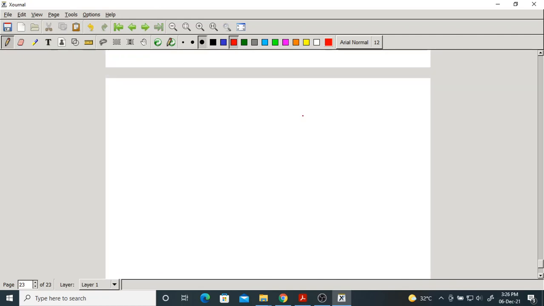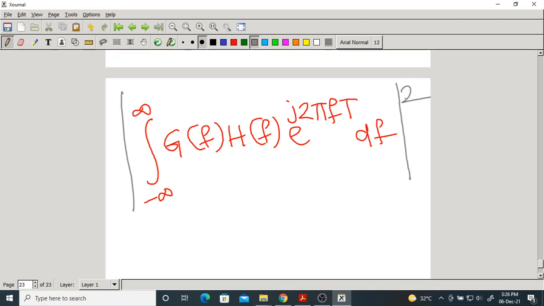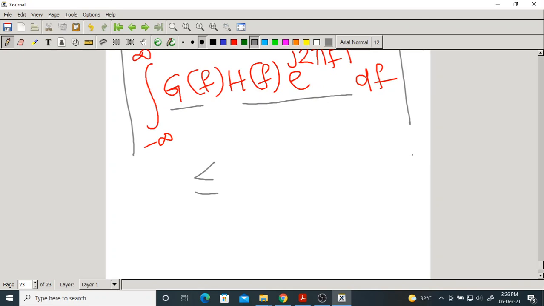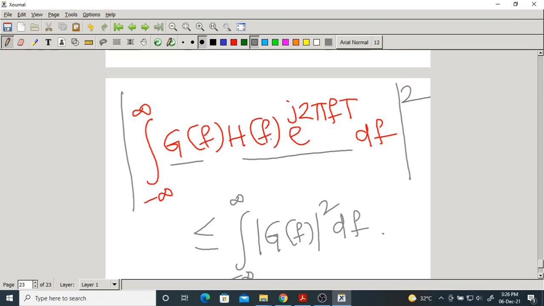You just observe carefully. I want to apply the Schwarz inequality to this quantity: the integral from minus infinity to plus infinity of G of f H of f e power j 2 pi f T df, mod whole square, is less than or equal to the integral of mod G of f whole square df into the integral of mod of H of f e power j 2 pi f T, whole square.